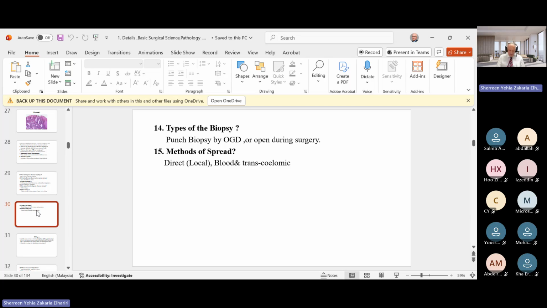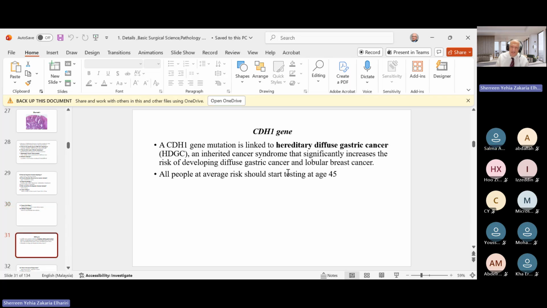All right, so it is common in which country? Japan. What age can we screen these people? We can start from age of 16. Okay.